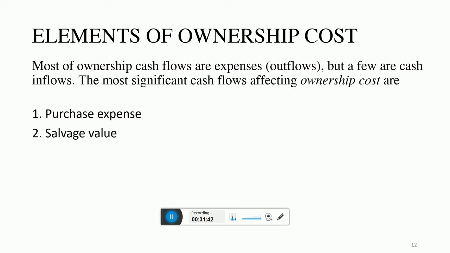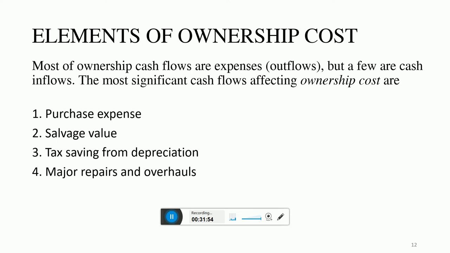The purchase expenses are always cash outflows or expenses. Tax savings from depreciation, major repairs and overhauls, insurance, storage and miscellaneous. These are different cash flows, some of them are cash outflows and some are cash inflows.